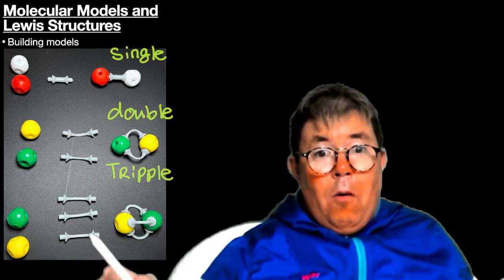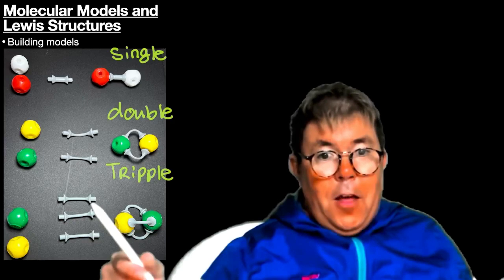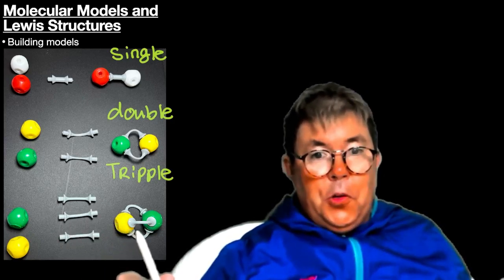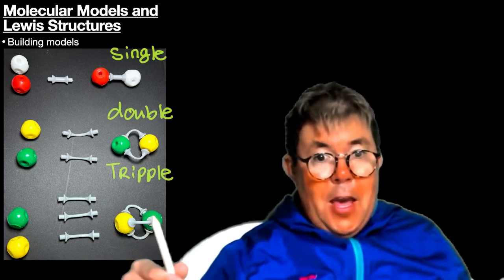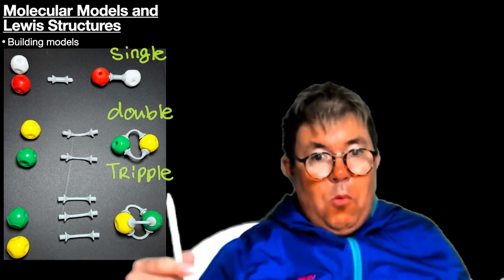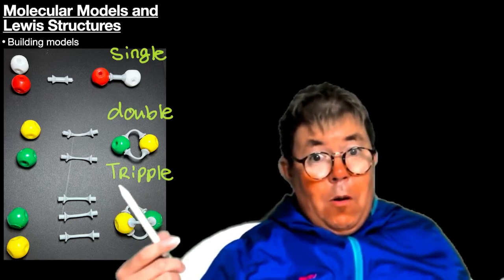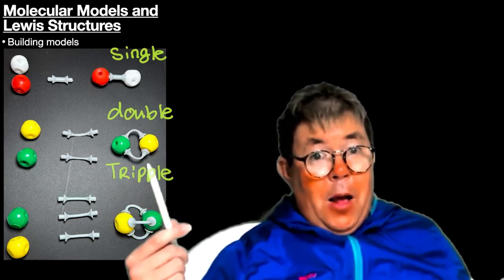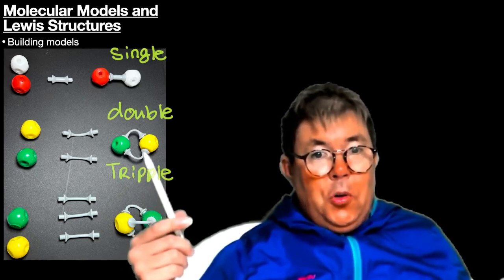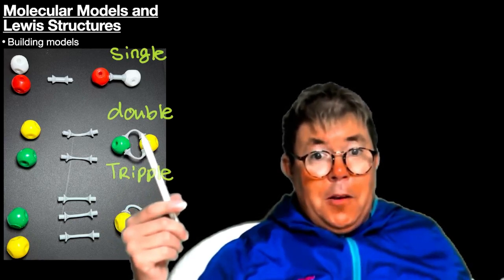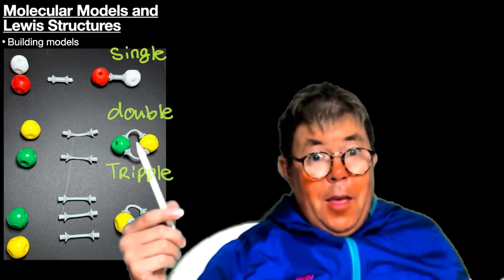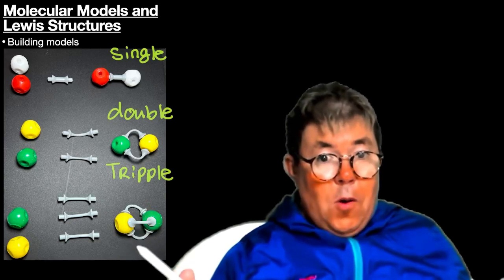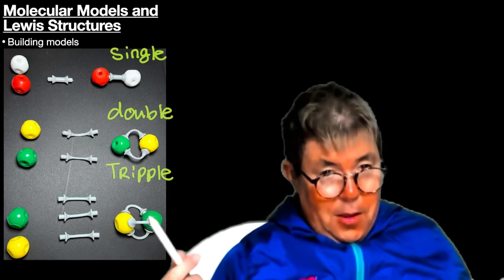And all 3 long flexible sticks will connect to the same 2 atoms. You may have to work a little bit, but they will connect. So, if the Lewis structure contains a double bond, you need 2 sticks going between the same atoms. And if there is a triple bond, you want 3 sticks going between the same atoms.